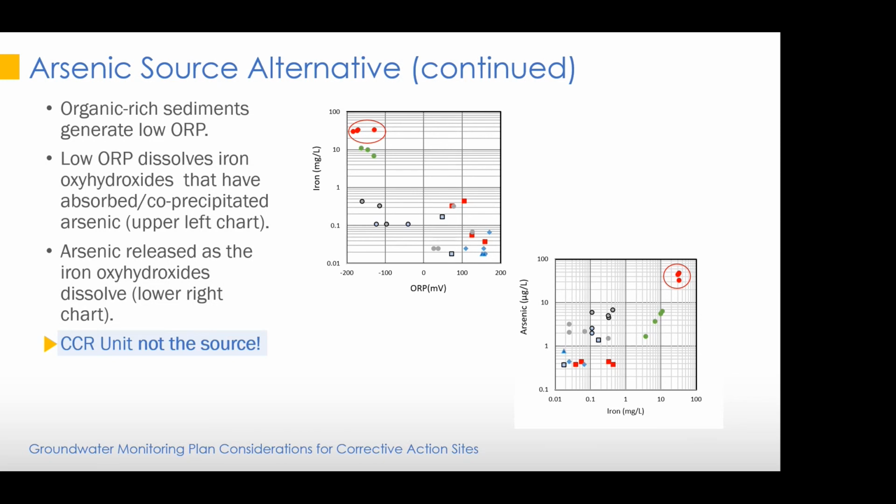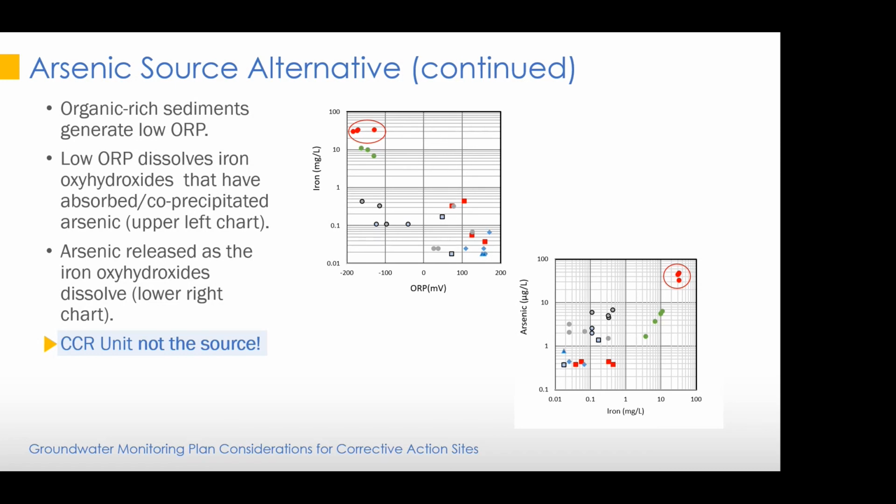So what's happening here? When we look at the materials down gradient to that former pond, we believe what we're seeing is arsenic release from iron oxyhydroxides that are dissolving as a result of a low ORP that's caused by the organic rich sediments that are present immediately beneath and down gradient of that lower pond.